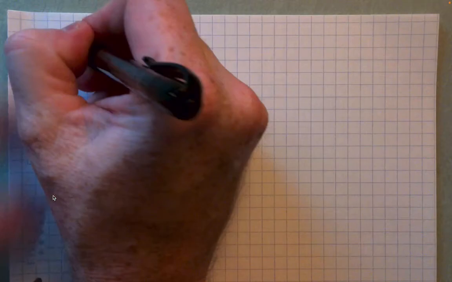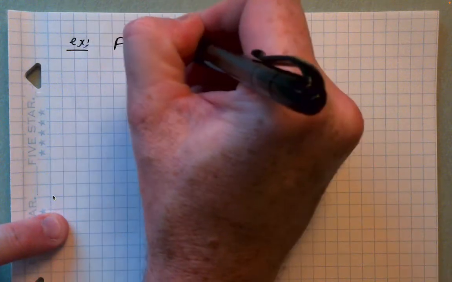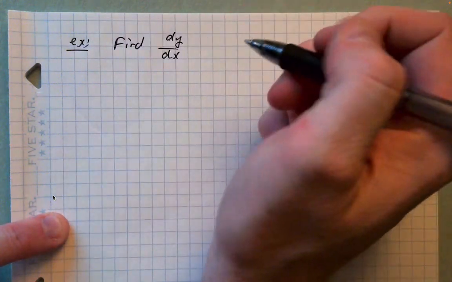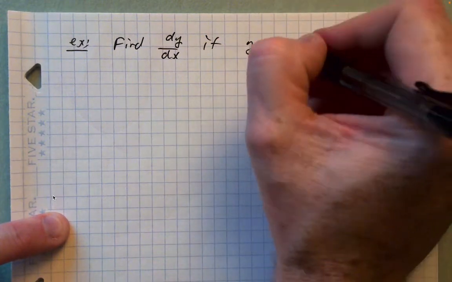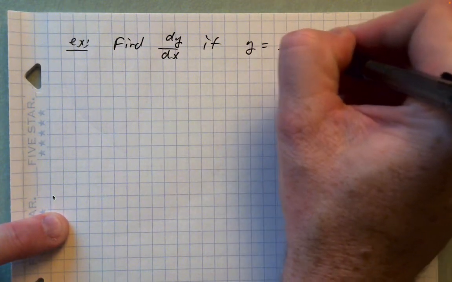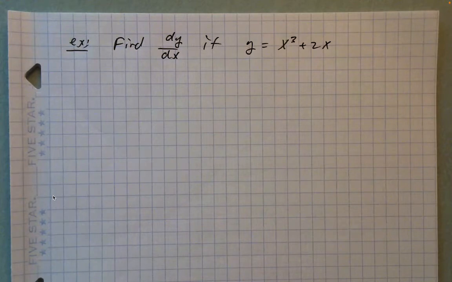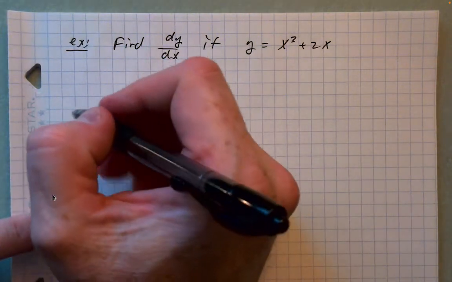Okay, next, let's do an example where we explicitly find the derivative using the difference quotient, using the definition. Find dy dx if y equals x cubed plus 2x. Here we're beginning to use a little looser notation. So dy dx is just the derivative of y with respect to x.